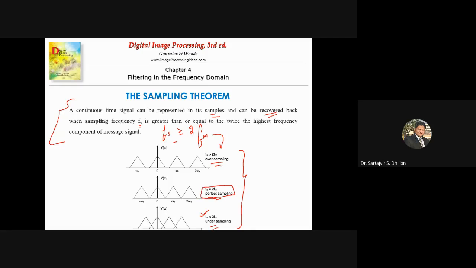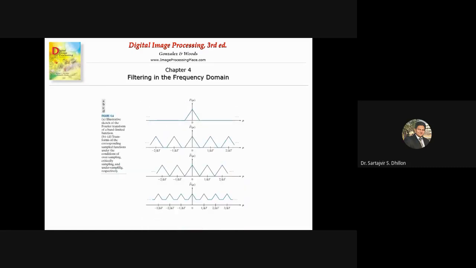The third category we can expect from the sampling theorem is oversampling, in which the sampling frequency is greater than, but not equal to or less than, twice the message signal. The signal looks like that. There is a gap between the samples in oversampling, there is no gap in critical sampling, and in undersampling the signals are overlapping with each other.